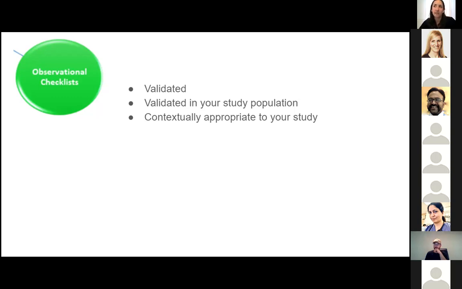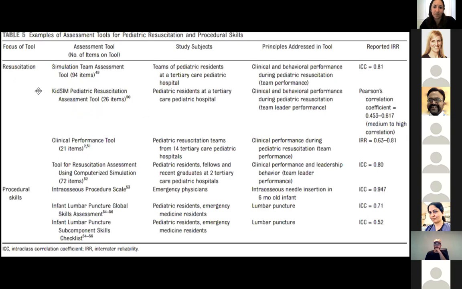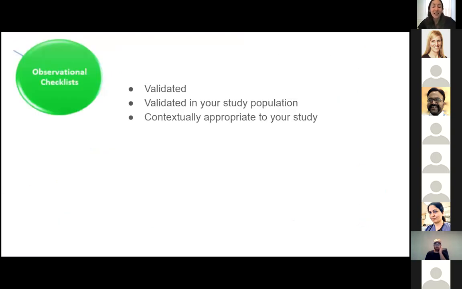So in a study that I did, I was using a checklist that was validated. Actually, it was this one, the KidSim. It was a checklist that was validated in pediatric residents to assess team leader performance, which is exactly what I was doing. So it's nice. I can say, oh, someone else already did the hard work for me, and now I just use their checklist, as long as it's contextually appropriate to your study.